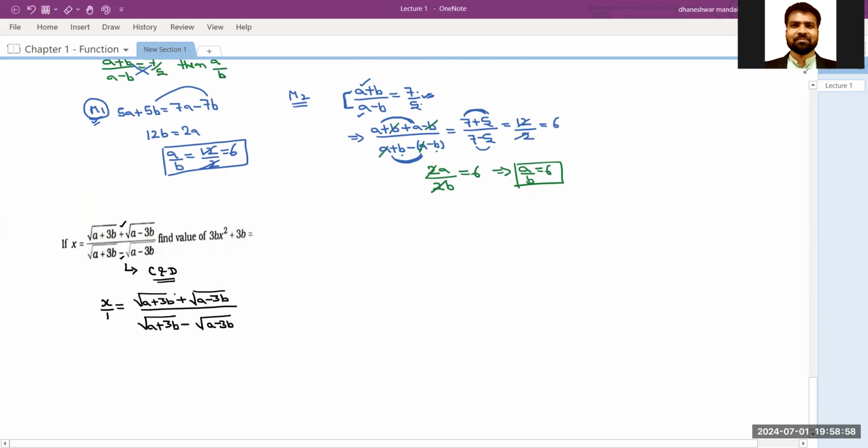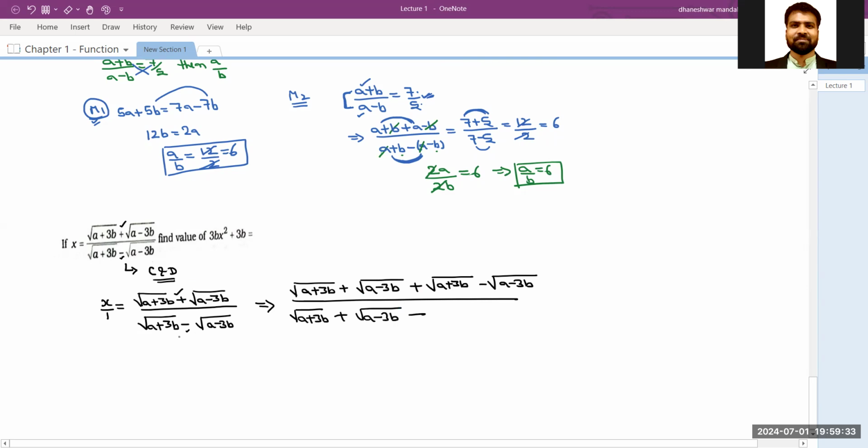If plus sign is there and minus sign is there, and I am going to add these two terms, then from here I get this term, and from here a plus 3b plus 3a minus 3b.